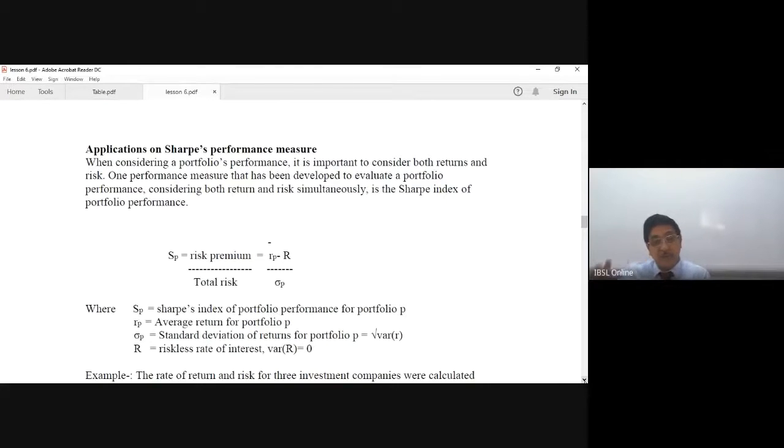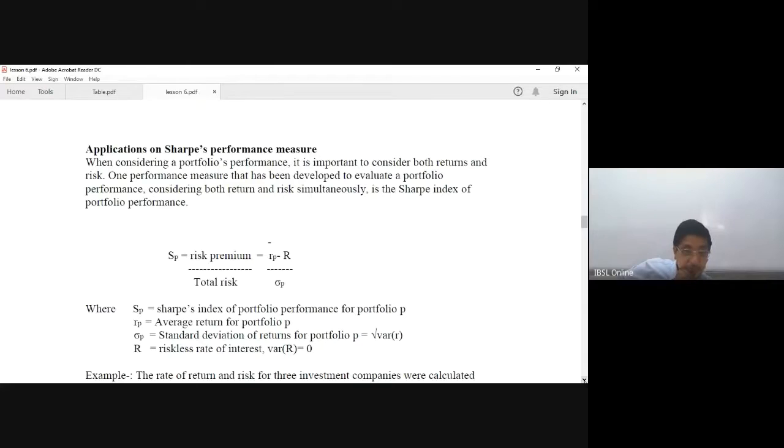But when you deal with a risky asset, you expect a higher return than the risk-free return. That additional part is called the risk premium. And that risk premium as a ratio of total risk is taken as Sharpe's performance measure. I think that gives a certain rationality.